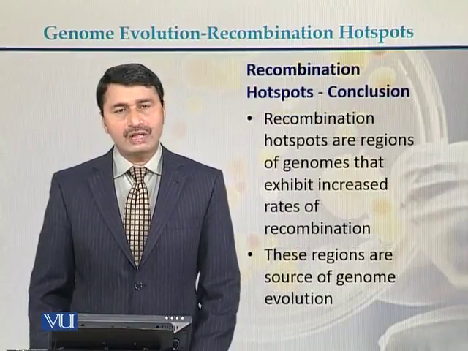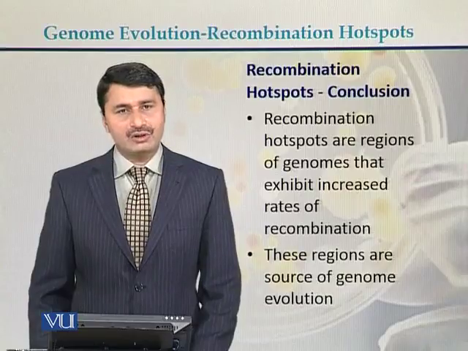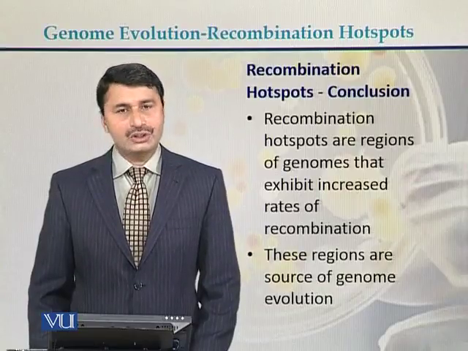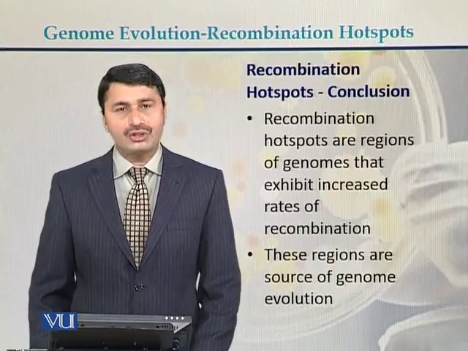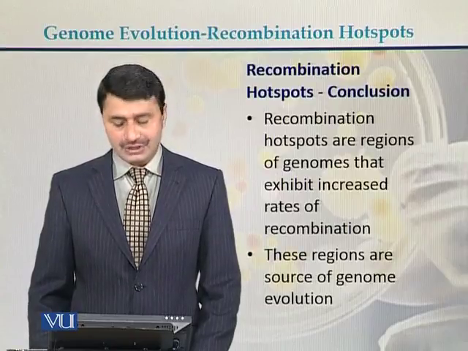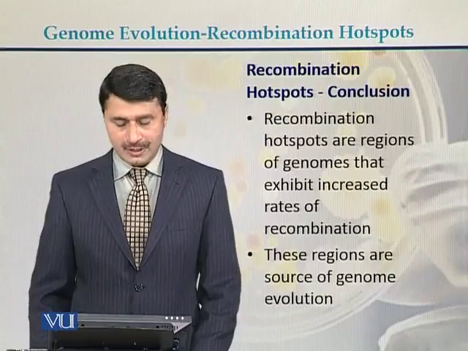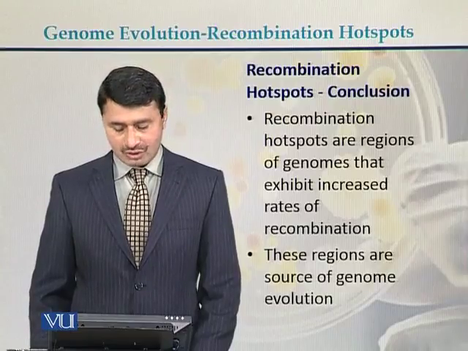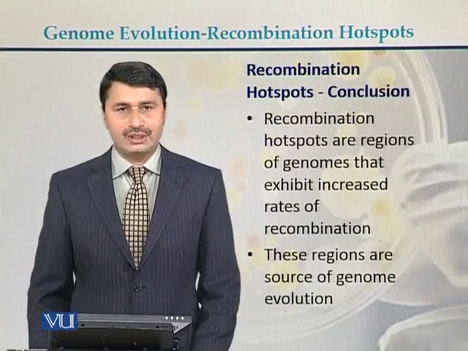So if we conclude, what are recombination hotspots? Recombination hotspots are those regions of the genome that exhibit an increased rate of recombination. These regions are a source of genome evolution.